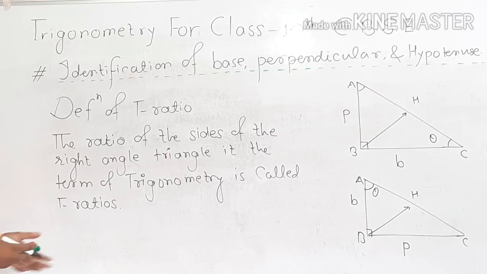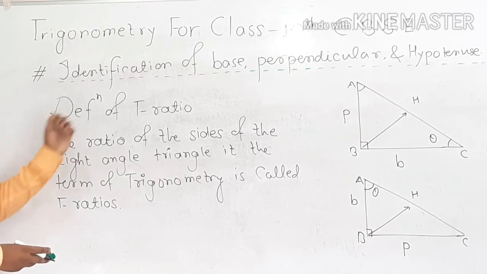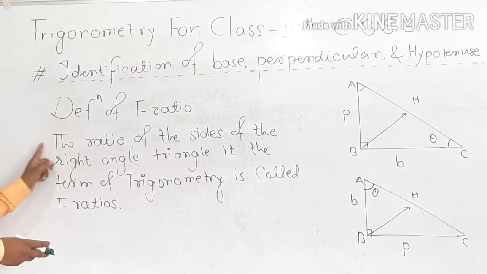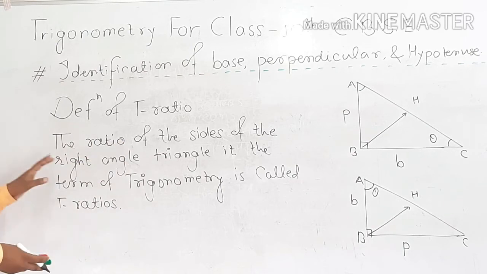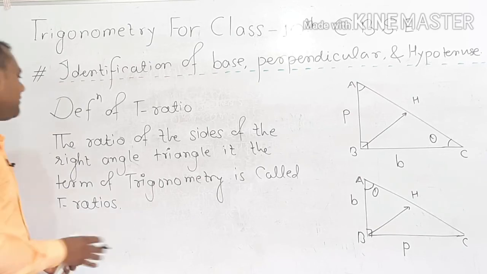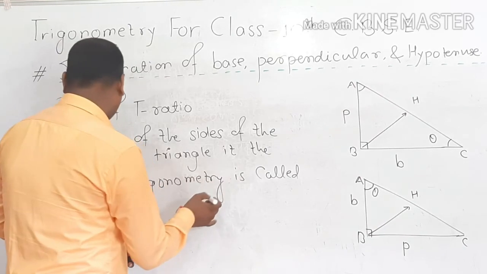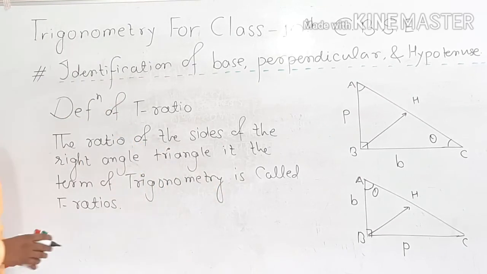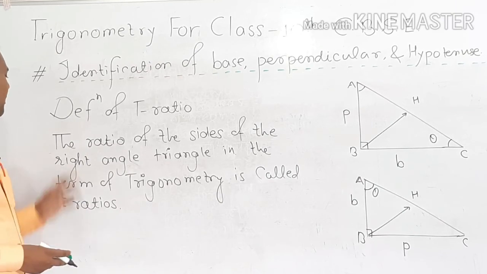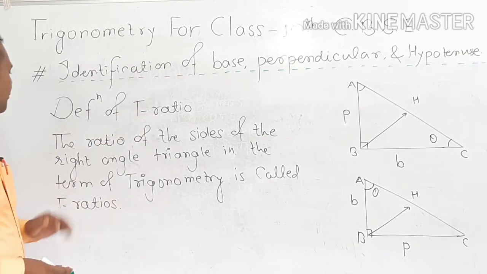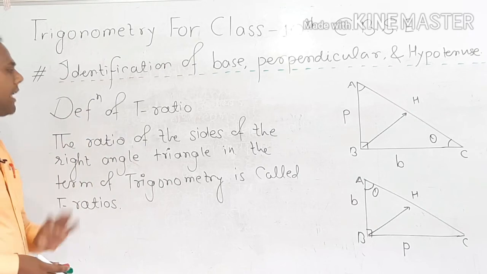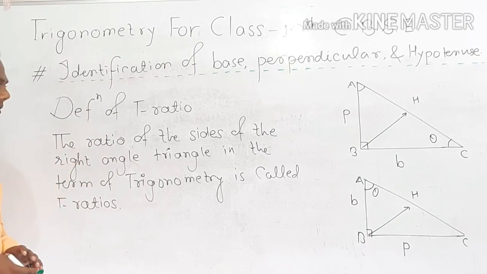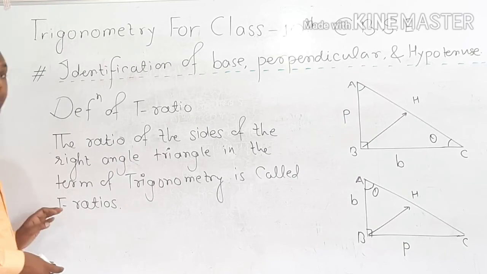Now let us consider once again the definition of T ratios. The ratio of the sides of the right angle triangle in the term of trigonometry is called T ratio.